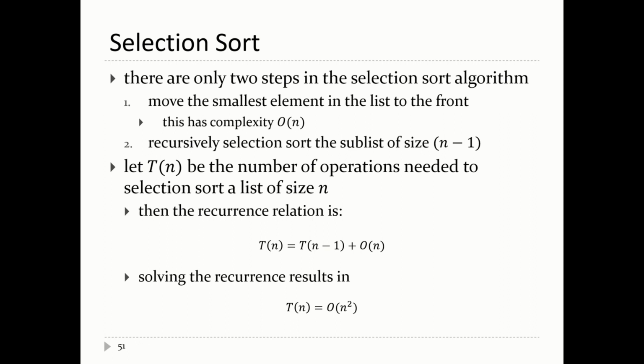So k of n, sorry, did I screw it up again? You have t of n minus 1 like that. Yeah. Thank you. Plus this sum, n minus 1 minus 1. Like that.